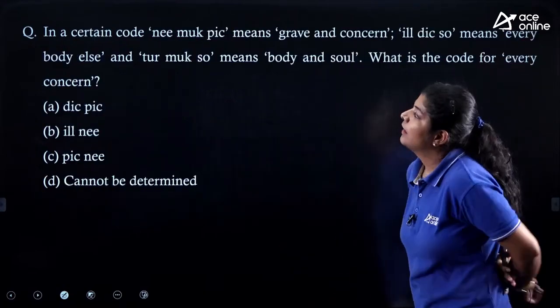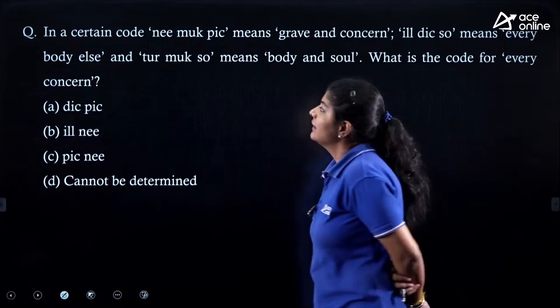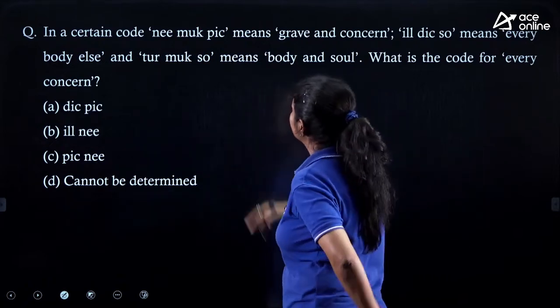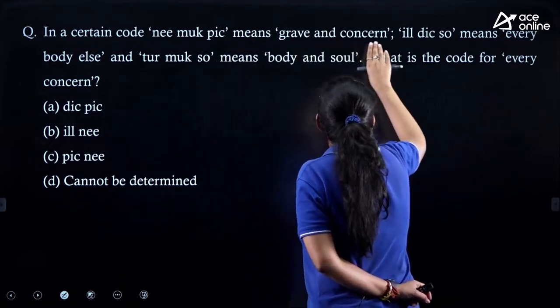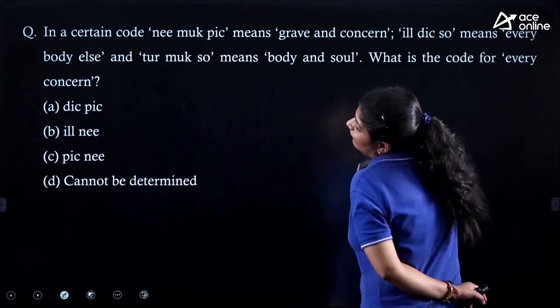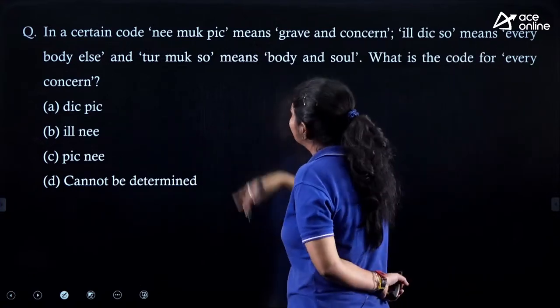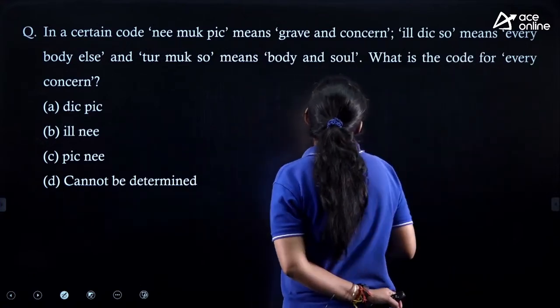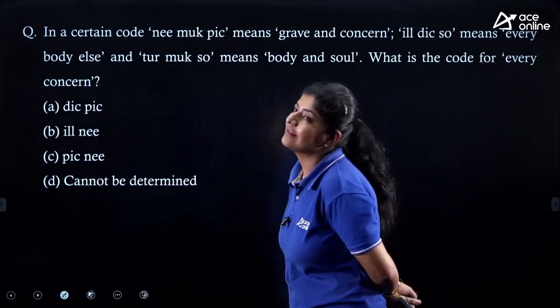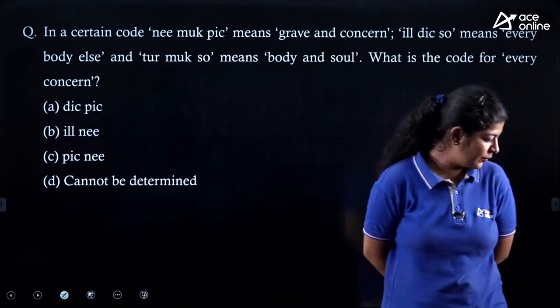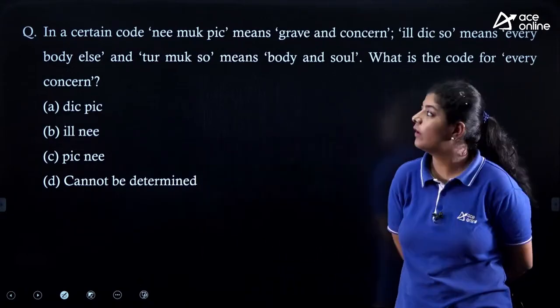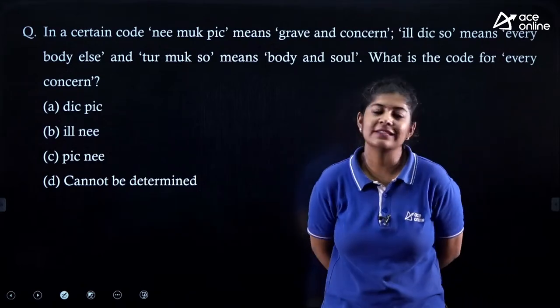Next. The next one is saying that in a certain code, this means grave concern, this means everybody else, and this means body and soul. What is the code for every concern? What we need to do is find out the code for the words every concern.